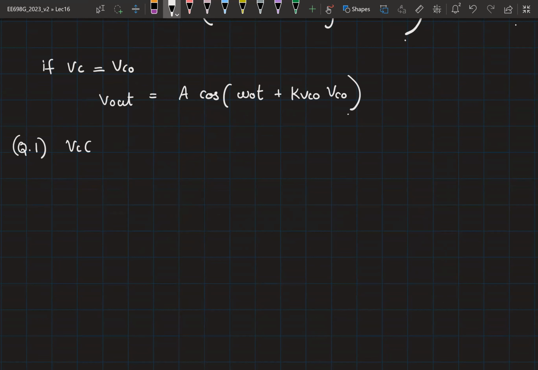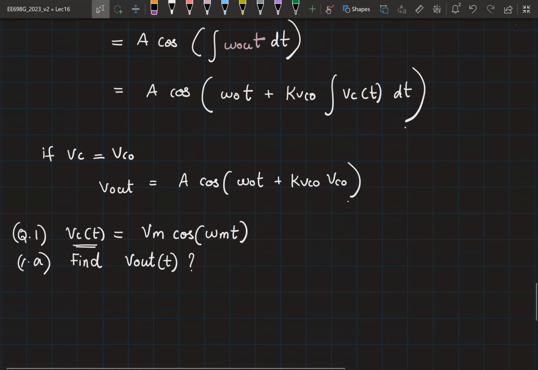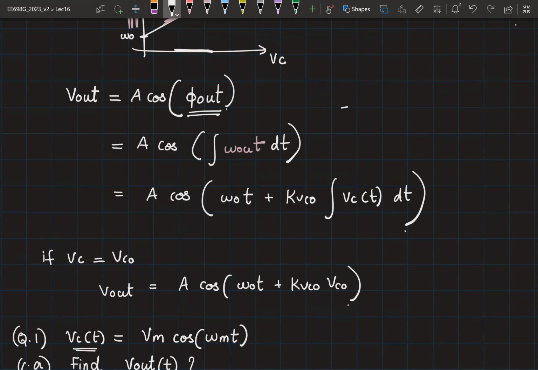Assume that Vc of t is equal to Vm cos of omega m into t, where Vc of t is the VCO control node voltage. Okay, so first part of the question is to find V out of t. So you can assume that V out of t is in this format, a cos of phi out of t.